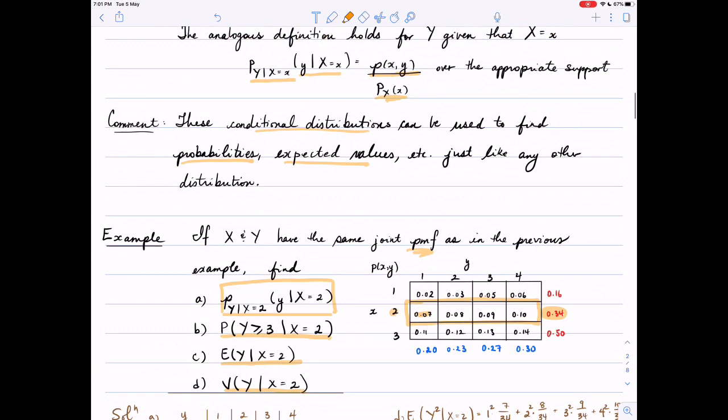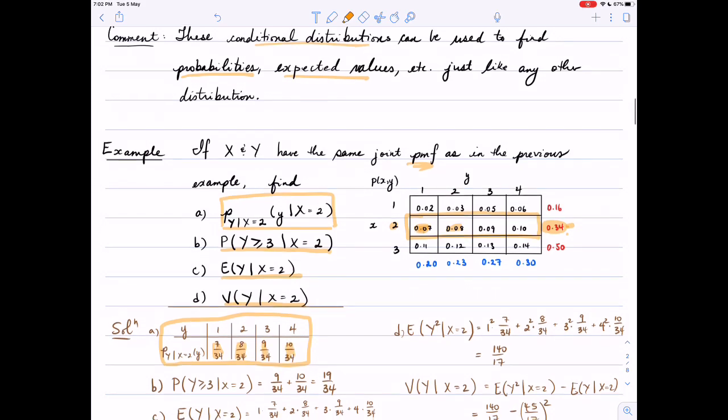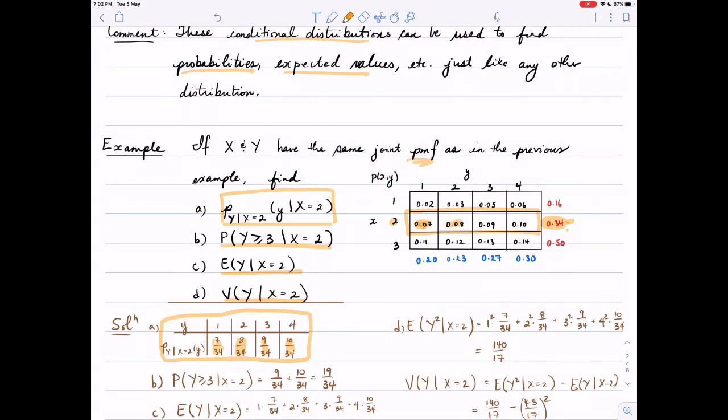To apply this rule, we're looking at P of xy divided by P sub x of x equals 2. If we do that and create our new distribution for y, we get this table here. 0.07 over 0.34 gives me 7 over 34, 0.08 over 0.34 is 8 over 34, and so on. So there is our conditional distribution, the distribution of y given that x equals 2.